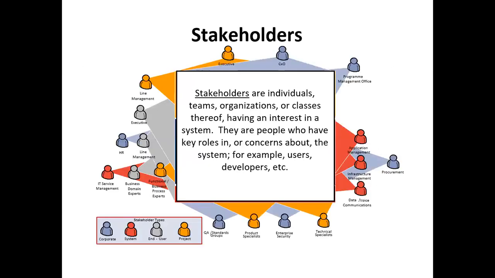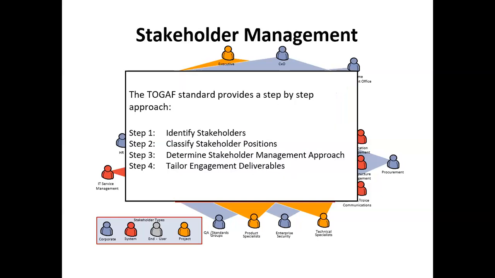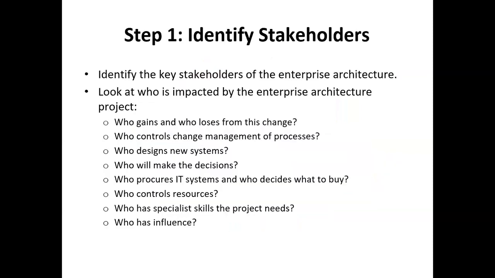Now, have a look at this one. Who are stakeholders? We already discussed. Next, as per TOGAF, stakeholder management has 4 steps. Step number 1, you need to identify the stakeholders. Please remember, everything in TOGAF is slightly different, not like the common usage.